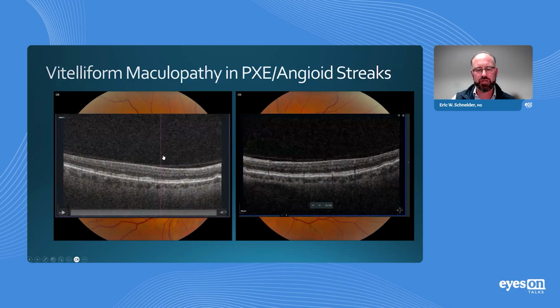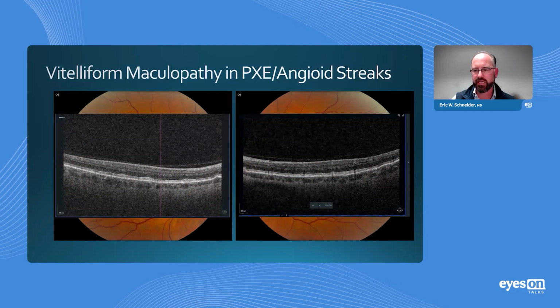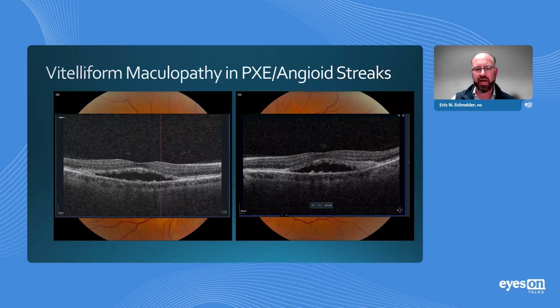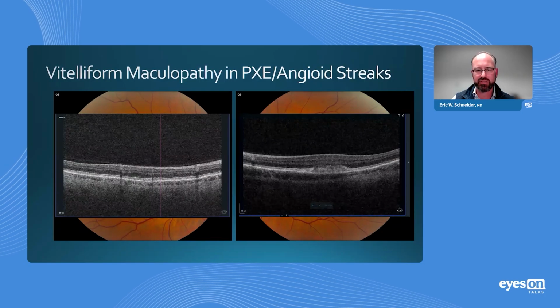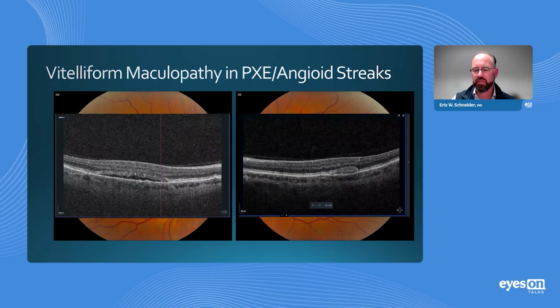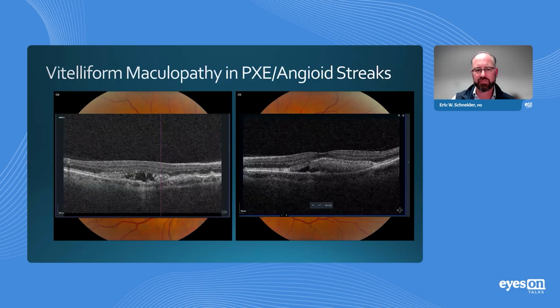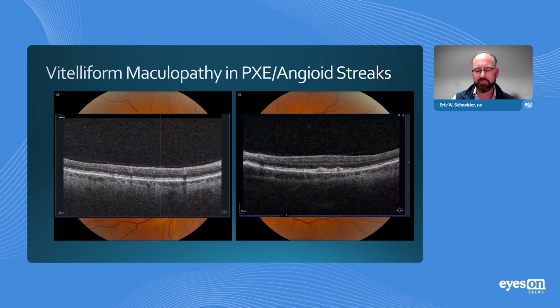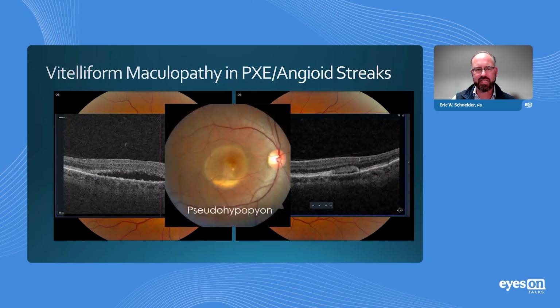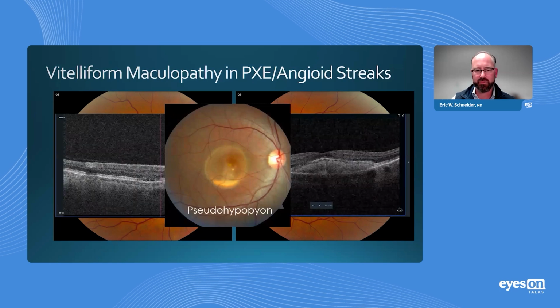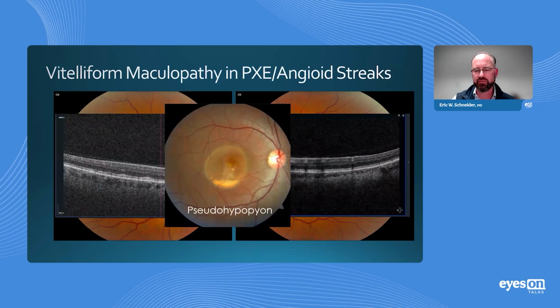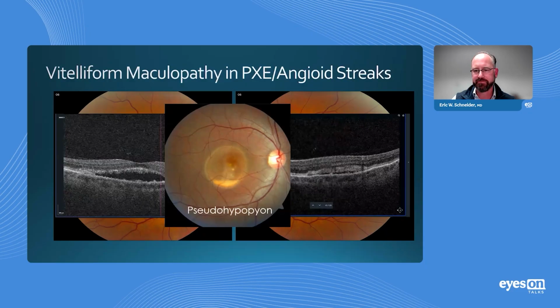If we look at the structural OCT cubes, we can see, and we'll run these through, you have a hyporeflective cavity present at the superior aspect of this vitelliform lesion and the hyperreflective vitelliform material in that dependent position. This is the classic pseudohypopyon appearance that we frequently see in Best vitelliform macular dystrophy.